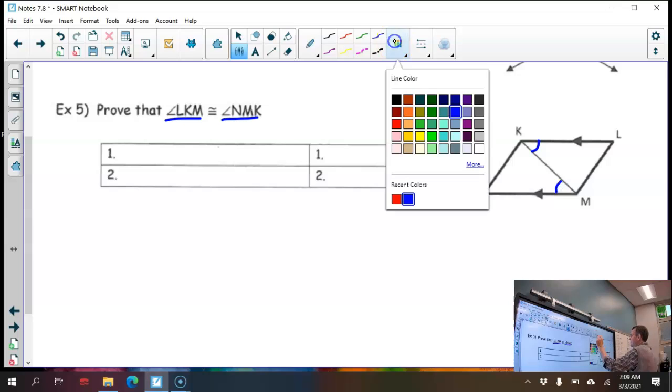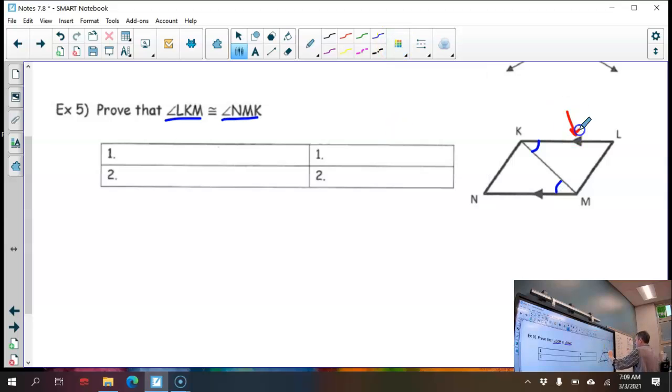These two segments are parallel, so what's given is that KL is parallel to NM.